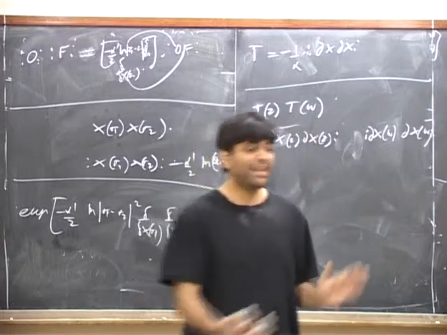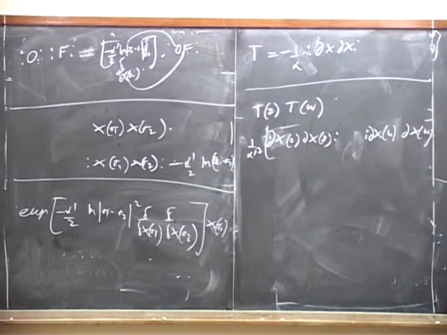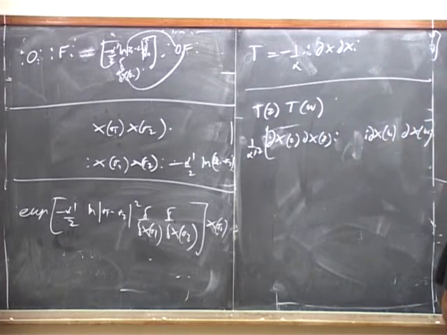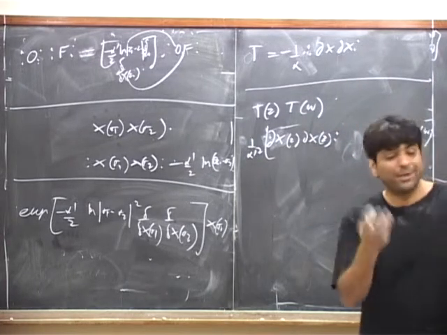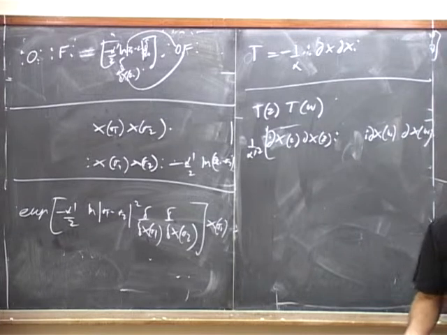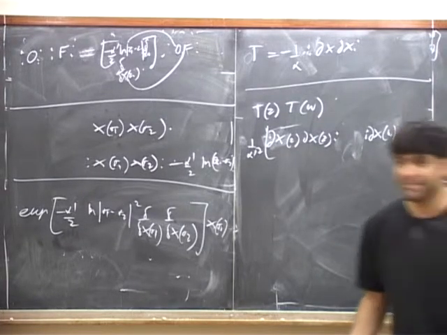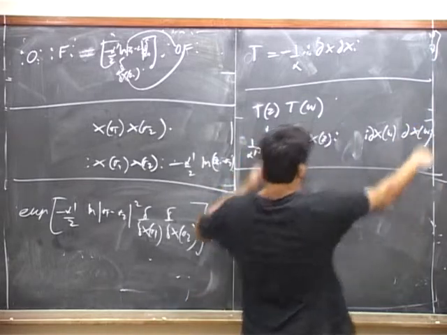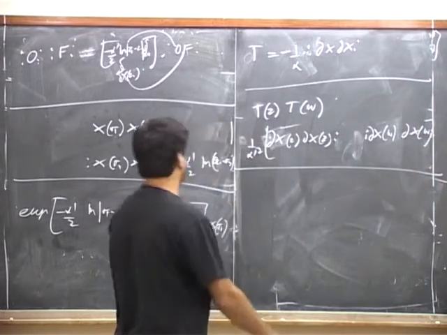So anything that appears inside normal ordering you can honestly Taylor expand. All the singularities will appear in the process of normal ordering. So in order to compute the singular terms in the OPE, all we have to do is to normal order the whole expression. So how do we do that?